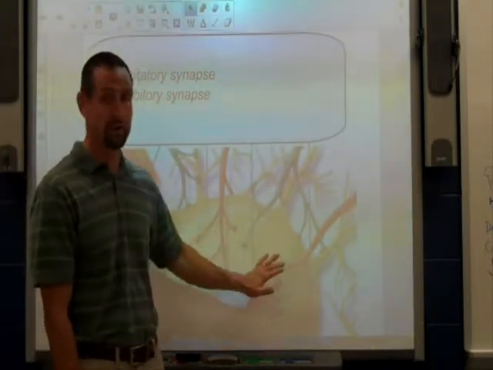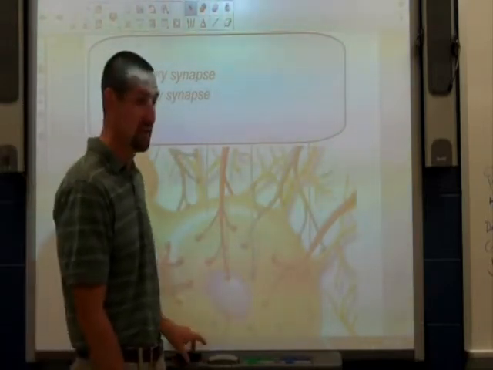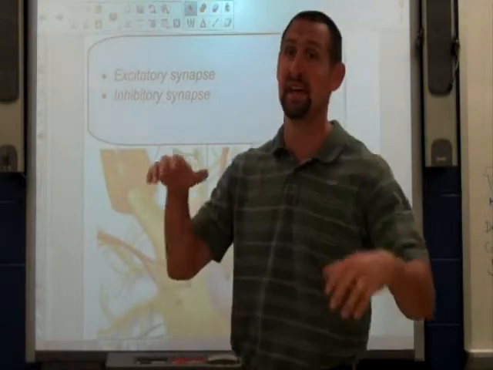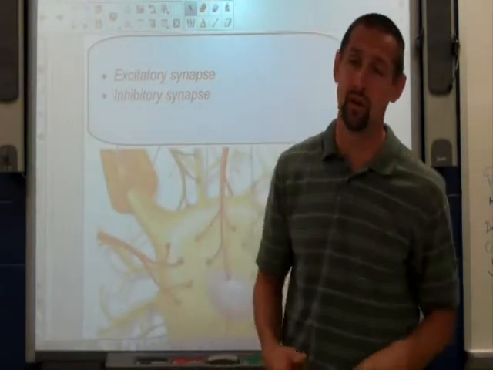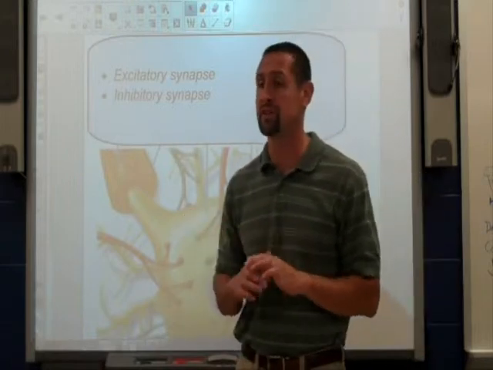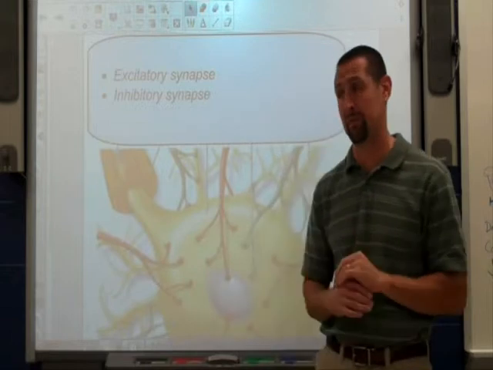Now sometimes on a nerve there are excitatory synapses, sometimes there are inhibitory synapses. What that means is sometimes the neurotransmitter that's released is saying, yes, send this signal, we want to continue the signal along the nerve. Other neurotransmitters are saying, no, we're inhibiting it, we're going to stop this from happening.